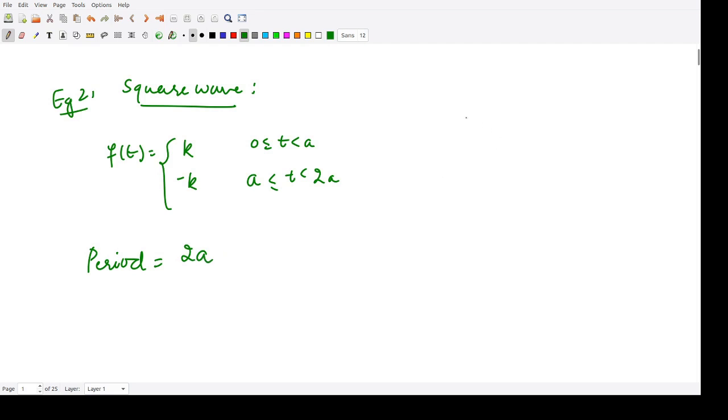How? Let us first draw this function. This is the t axis, because t is the independent variable here, and this is the f of t axis. Say this point is 0, this point is a, this point is 2a, this point is 3a, and so on.